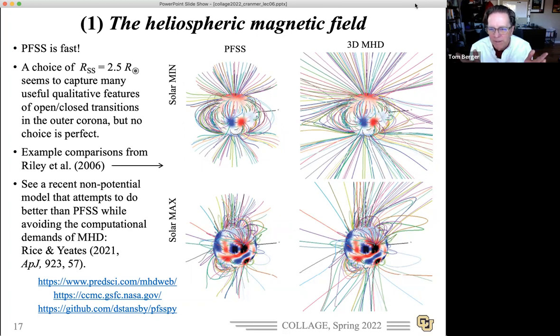Because we only see one hemisphere of the sun at a time, right? So you have to come up with clever ways to measure the magnetic field on the hemisphere of the sun that we don't see. So, anybody have any ideas about how that might be done?